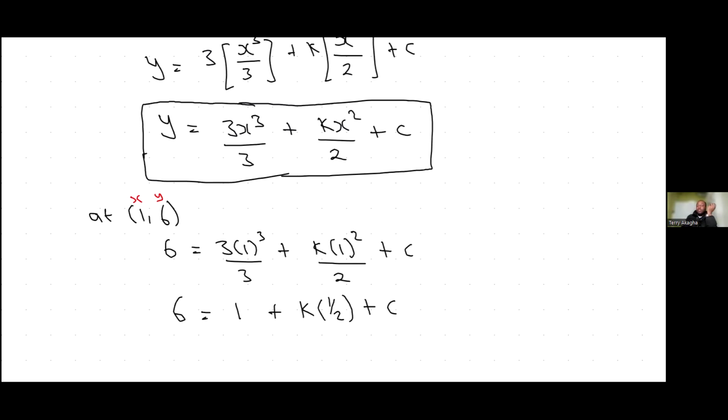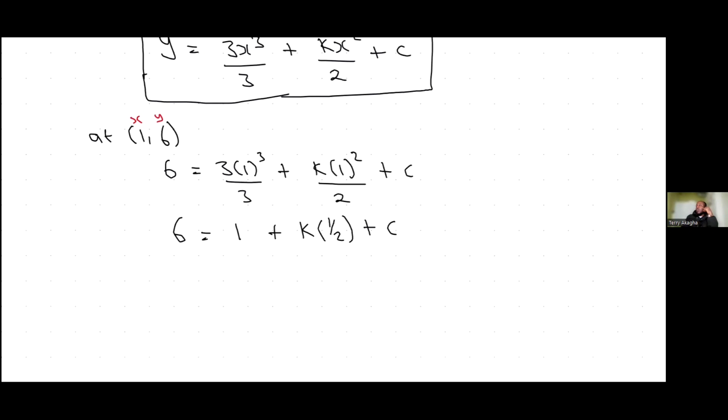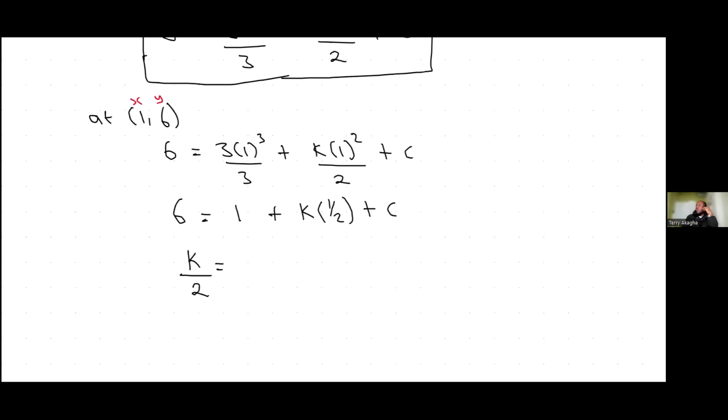So what do you do then? We're looking for c, or you can make c the subject of the formula, or however you want to play around with it. So we can take k times 1 over 2 to the other side. So it's going to give us k times 1 over 2, which is the same thing as k over 2, equal to, I take 1 to the other side and I take c to the other side. So if you want to do it this way, then it becomes 6 minus 1 minus c.